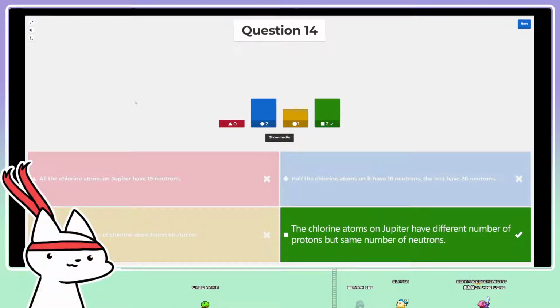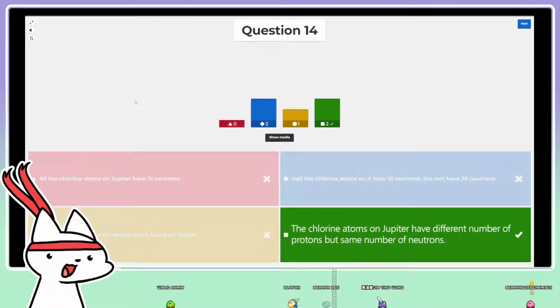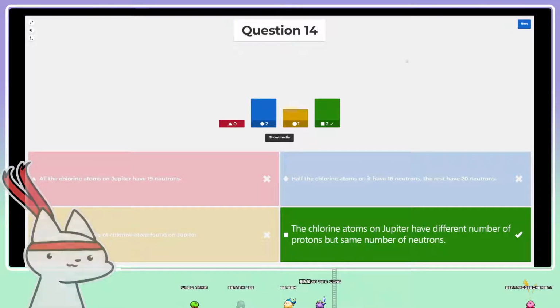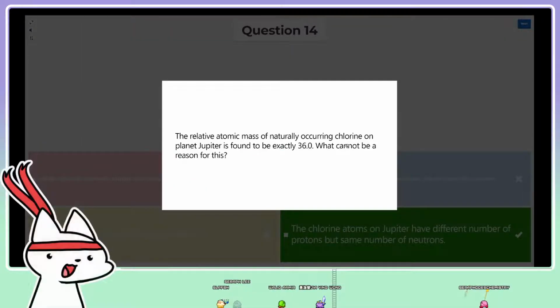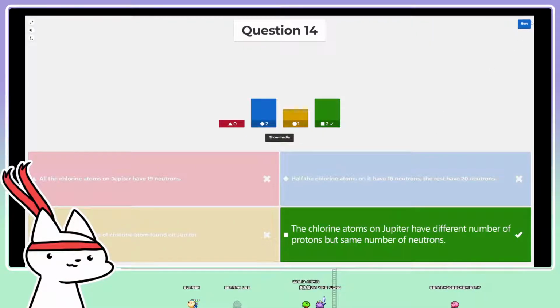The only difference is isotopes can never have a different number of protons. So I will always emphasize, proton never changes. As long as the proton stays the same, the element must be the same. So to say that Jupiter has a different number of protons, that's not chlorine anymore. So that's simply not possible. That's why we are looking for the word cannot be the reason. So yeah.